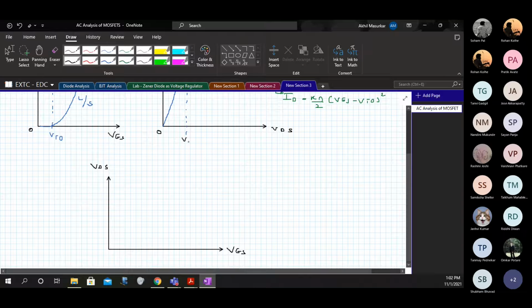Now this point is nothing but VDS sat, and the value of this point was VGS minus VT, which defines the boundary between linear and saturation. Now here, how to understand these characteristics? You should see the deciding point on the VGS axis is VTO. So I'll just mark that. This is the deciding point, and the deciding point on the VDS axis is VGS minus VTO.